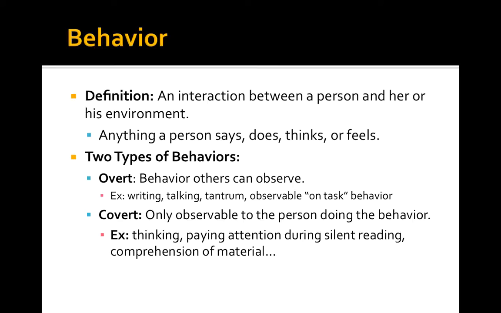The other type of behavior we have is covert behavior. And this type of behavior is only observable to the person who's actually doing the behavior. So for example, thinking.